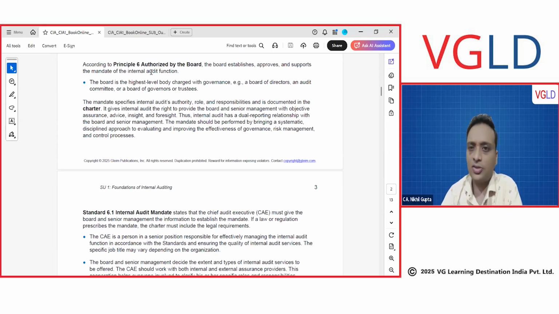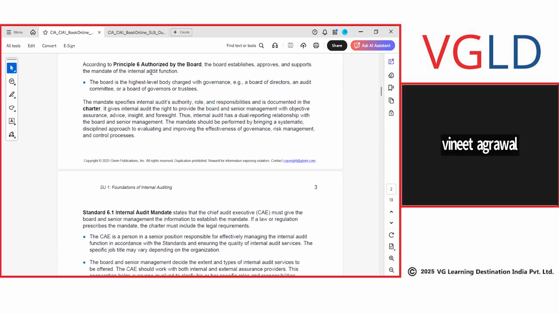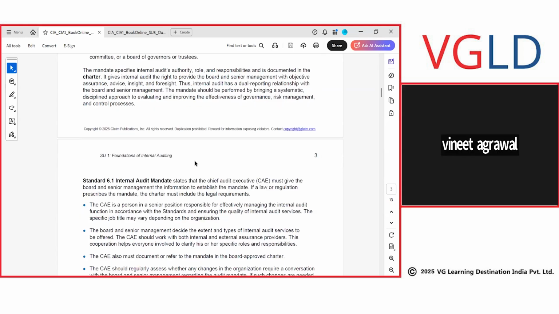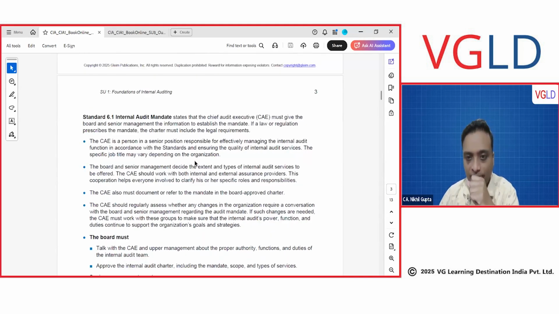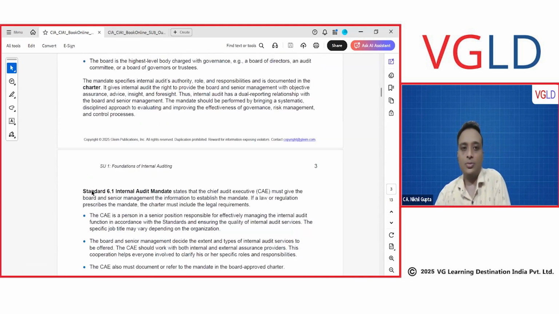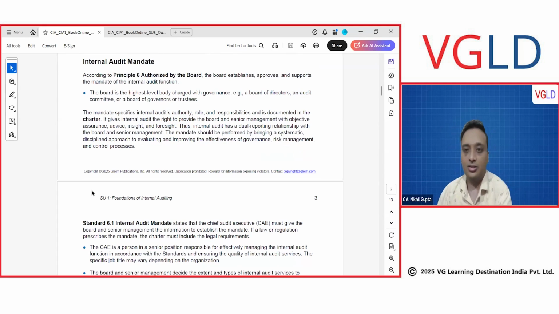Have you heard about those charged with governance? TCWG. Anybody knows about that? The word TCWG. Those charged with governance. Right. Why do we call it those charged with governance? Why do we not only call it board of directors?